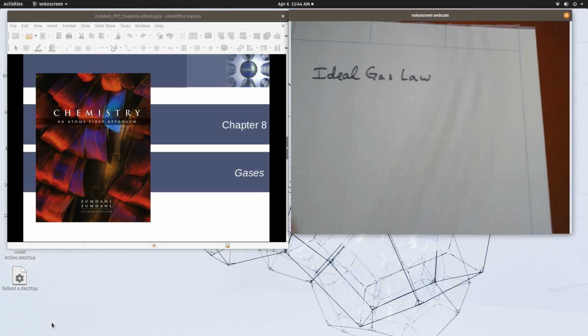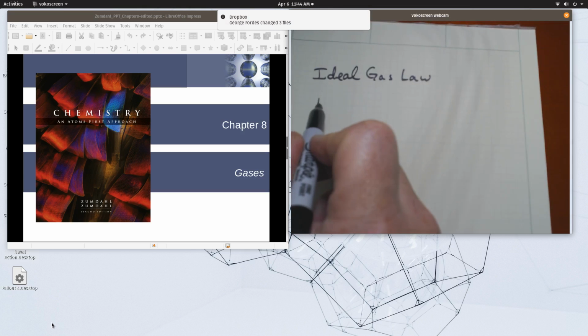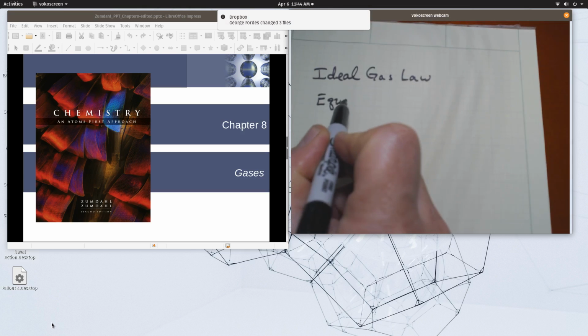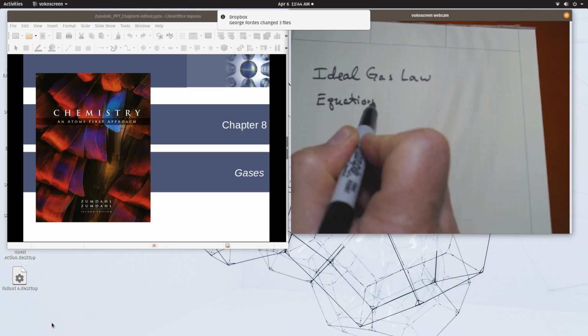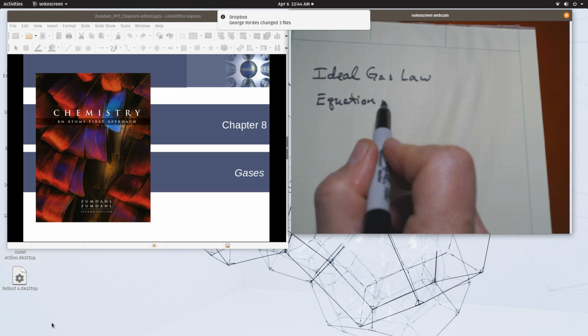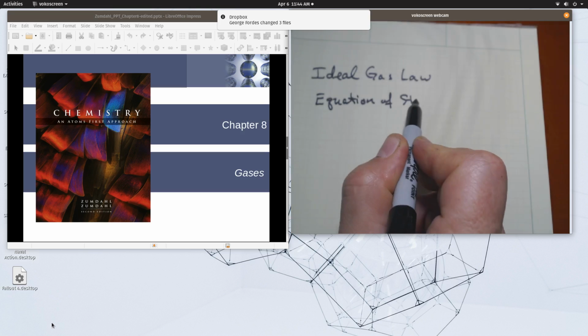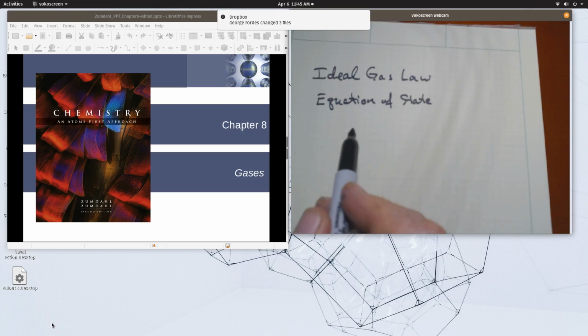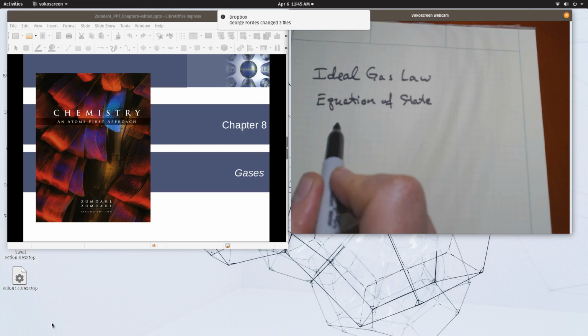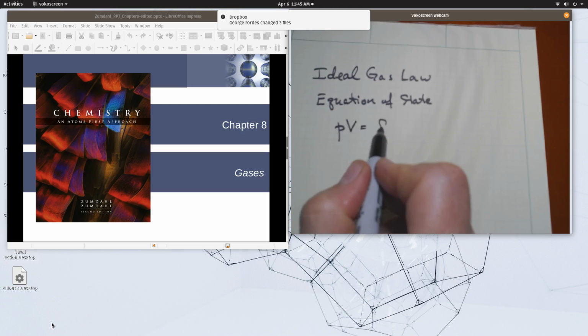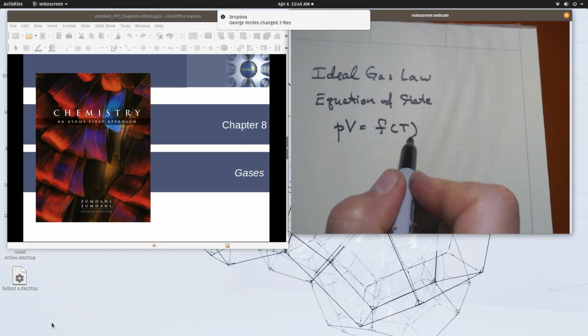The ideal gas law is what's called an equation of state. And what an equation of state is, is simply a relationship between the energy, which is pressure times volume, and some sort of function of the temperature.